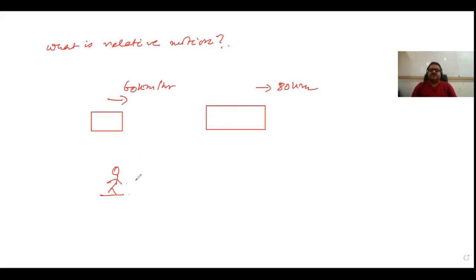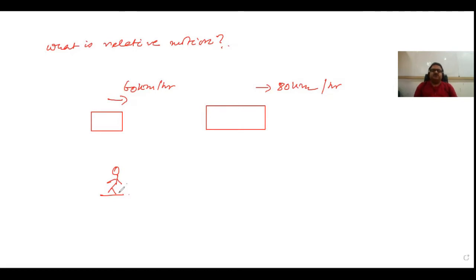When I say 60 km per hour, it is with respect to the earth, and 80 km per hour is also with respect to the earth. The man standing on the earth has a speed of 0 with respect to the earth.